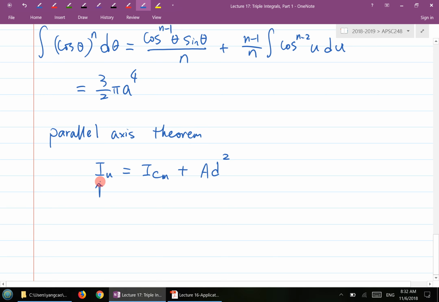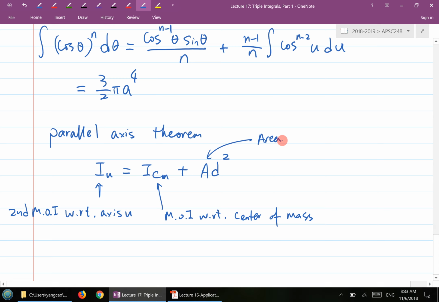So this one here is the moment of inertia, in this case area, or second moment inertia, with respect to axis u. And here is the moment inertia with respect to center of mass. And then here, this is your area, because we're talking about area here.